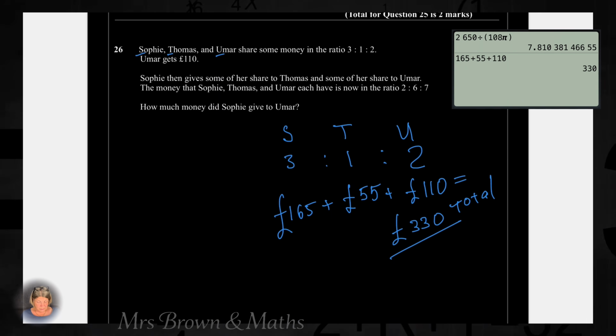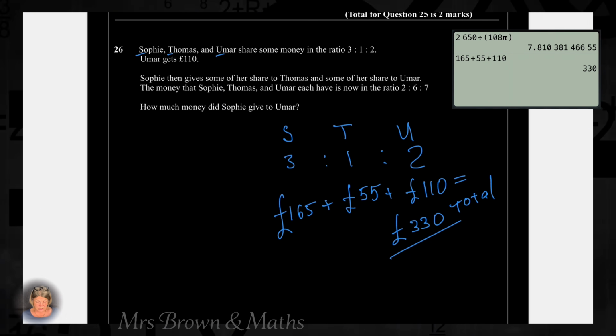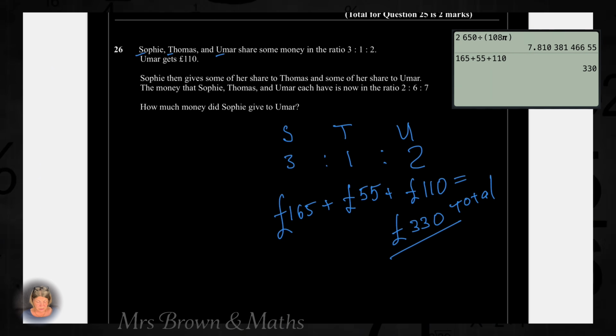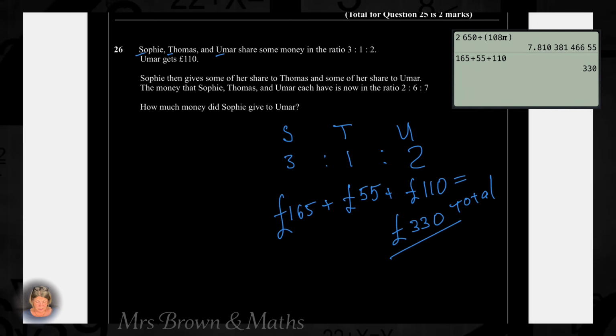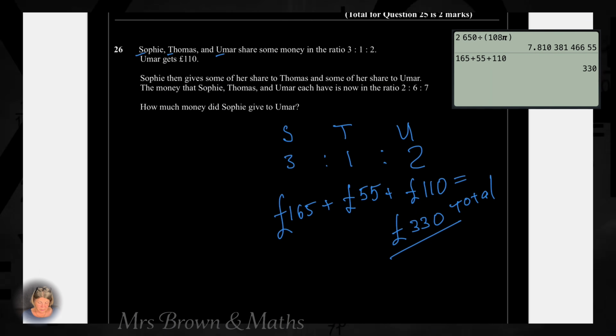By the way, Sophie then gives some of her share to Thomas and some of her share to Umar. The money that Sophie, Thomas, and Umar each have is now in the ratio 2 to 6 to 7. Right, again, I'll use a different color.